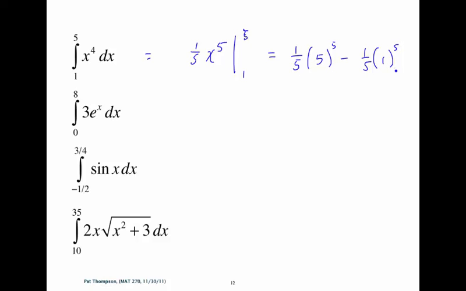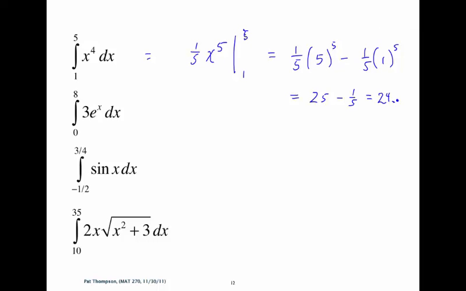Final minus initial. Yeah, so it's the same. You just use the same quantity function, plugging in 5, plugging in 1. Okay. So I think we get 25 minus 1/5, or 24 and 4/5. 24.8.